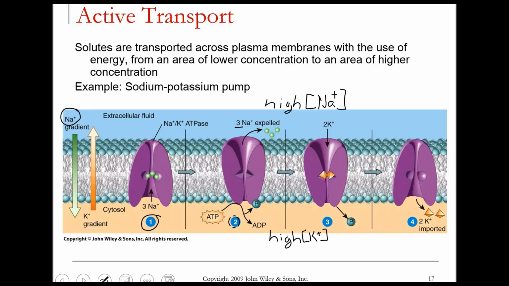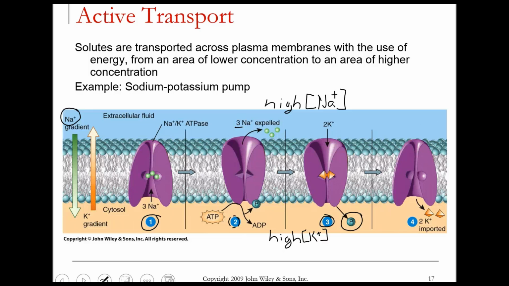Next, we've created an area for the transmembrane protein to pick up a couple of potassium ions. So in step 3, we have attachment of the 2 potassium ions. Then we expel the last phosphate group from the original ATP, and the potassium is shuttled or moved into the cell against the concentration gradient.